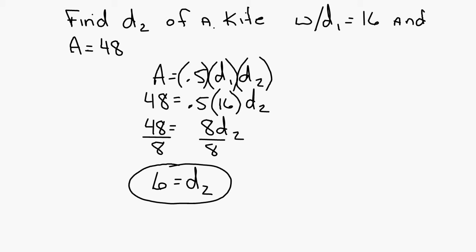Turn the page, 680 up on the top. It asks you to find the area, and you are given D1. Now look, in that picture, do you see how the arrow just points to part of the diagonal?